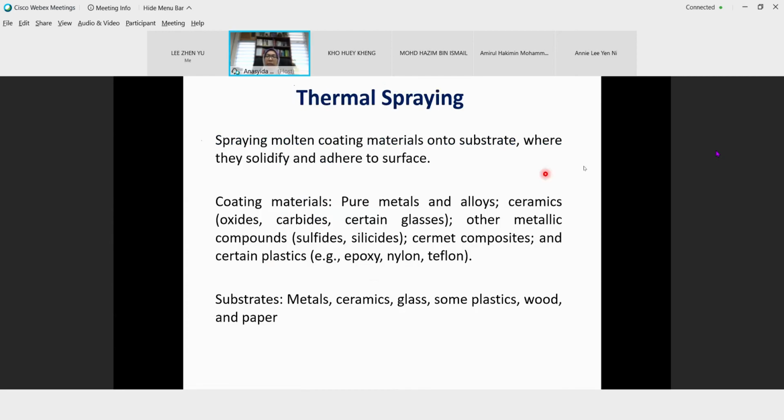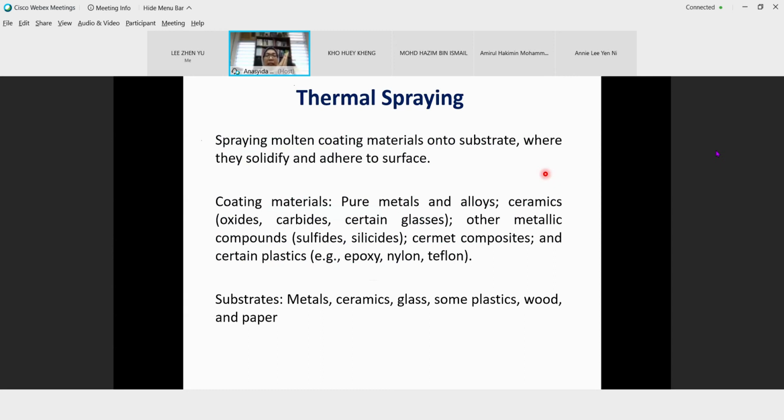All right, this is the last coating process, which is thermal spray. So what is thermal spray? The material is heated until a molten state, then accelerated by gases, and the droplets of atoms adhere to the surface, forming what we call a splat. Many splats form a layer of coating.